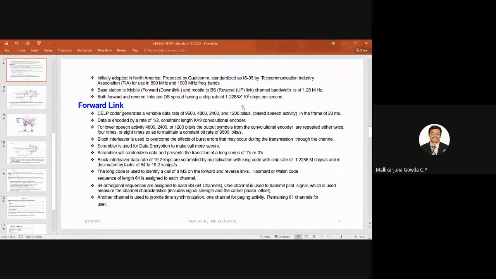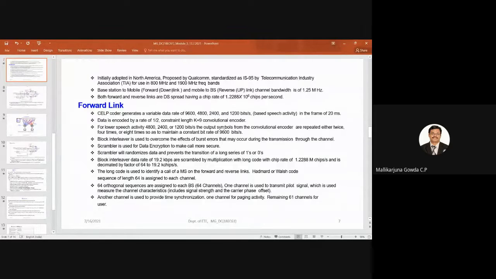Okay. So just to revise what I said, the code excited linear predictive coder is the type of voice coder used to generate the variable data rate of 9600, 4800, 2400 and 1200 bits per second, based on the speech activity in frames of 20 milliseconds. Then that data is encoded by a rate of 1 by 2 with constraint length of 9 using a convolutional encoder.